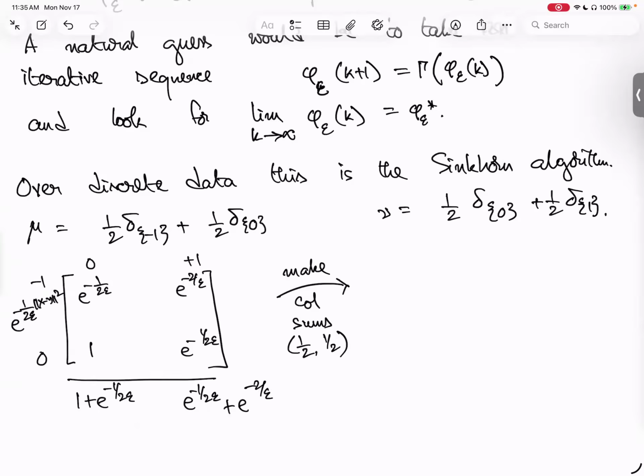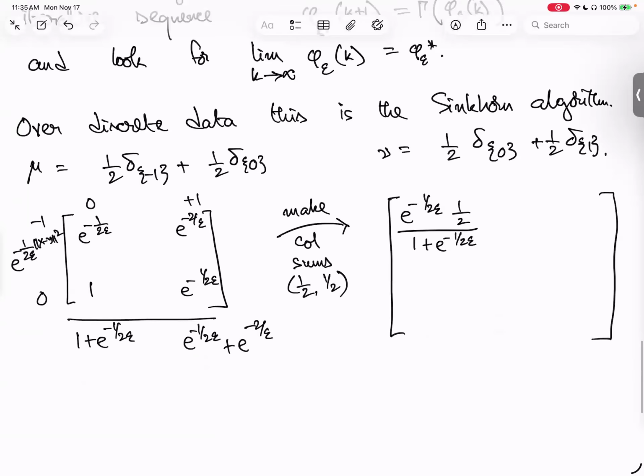I will divide by the column sum and multiply by half. So the matrix becomes e to the power -1/2 epsilon times half divided by 1 plus e to the power -1/2 epsilon.